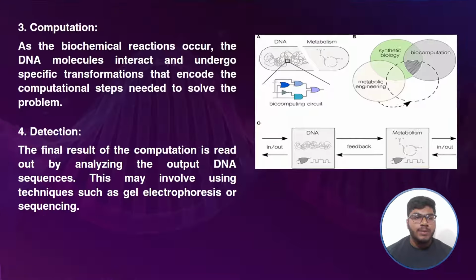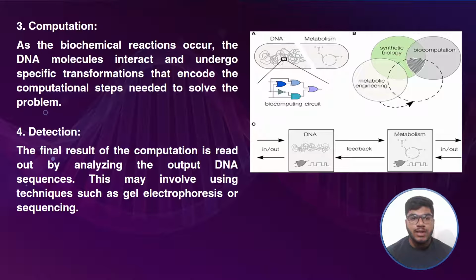Let's move on to the next step, that is the computation process. As the biochemical reactions occur, the DNA molecules interact and undergo specific transformations that encode the computational steps needed to solve the problem. The final step is to detect the DNA in the biocomputing process. That is, the final result of the computation is read out by analyzing the output DNA sequences.